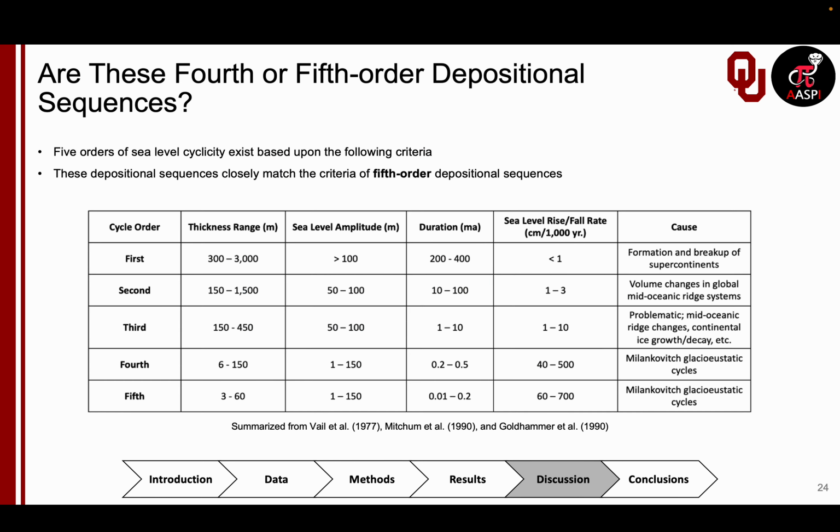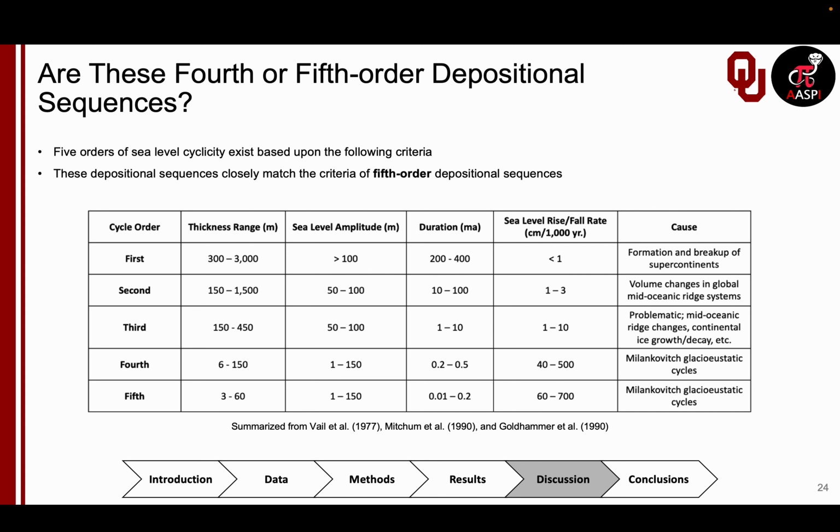So I want to bring you back to the original question that we asked, and that is basically, can we investigate fourth and or fifth order depositional sequences with high frequency seismic data? So now we want to know, are these fourth or fifth order depositional sequences?